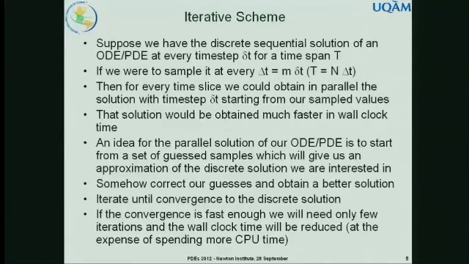So here's the idea. Suppose that we have the solution, the sequential solution of an ODE or PDE at every small delta time step delta t over a certain period. If we were to sample the solution at every large delta t, so a certain number of times, big N, and then we could start from these, let's say, checkpoints and integrate as initial condition for a shorter period, but all these could be done in parallel.